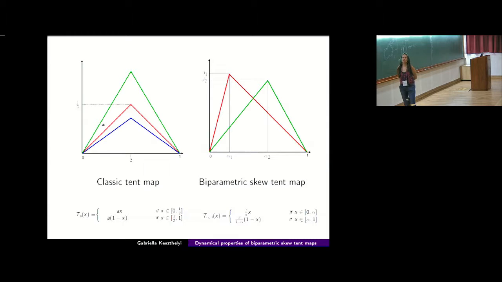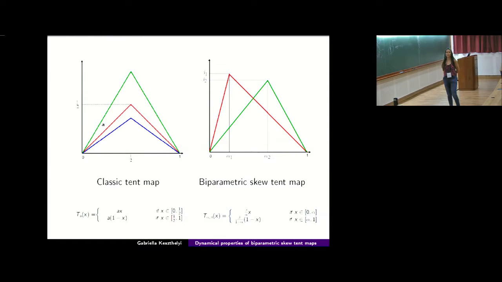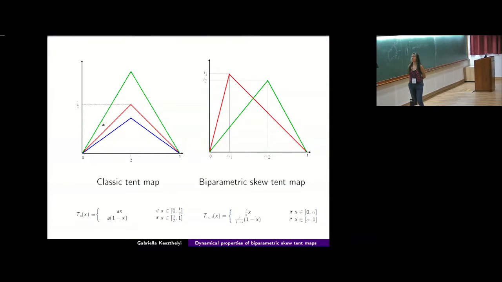You can only move the top of the tent vertically, and as you go up, the entropy will go up as well. So in our system, we have two parameters. The top of the tent can be anywhere in the unit square.